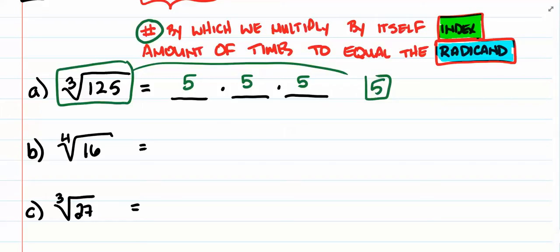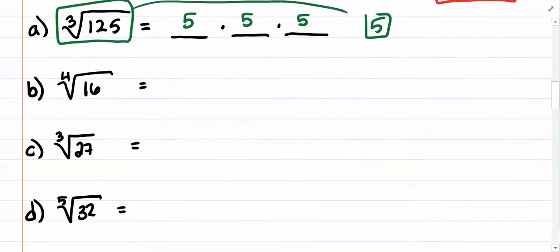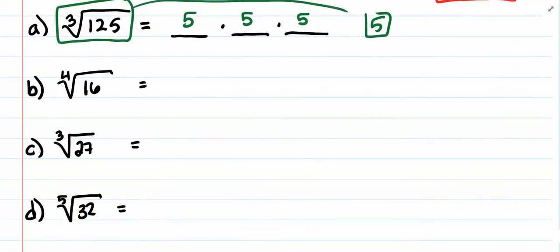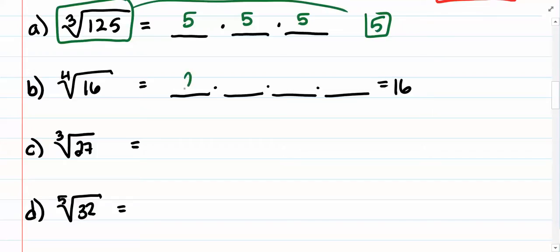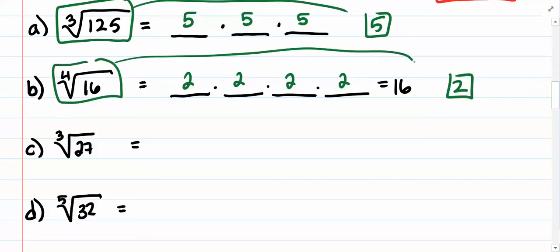I hope this is making sense so far. Part B says the 4th root of 16. So I want a number by which I multiply by itself 4 times to give me back the number 16. Let's try the number 2. 2 times 2 is 4, 4 times 2 is 8, 8 times 2 is 16, so the 4th root of 16 is the number 2.